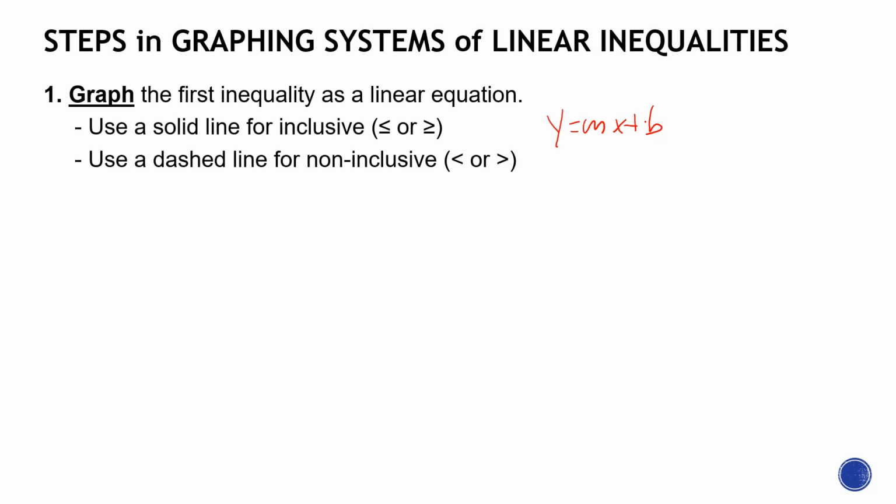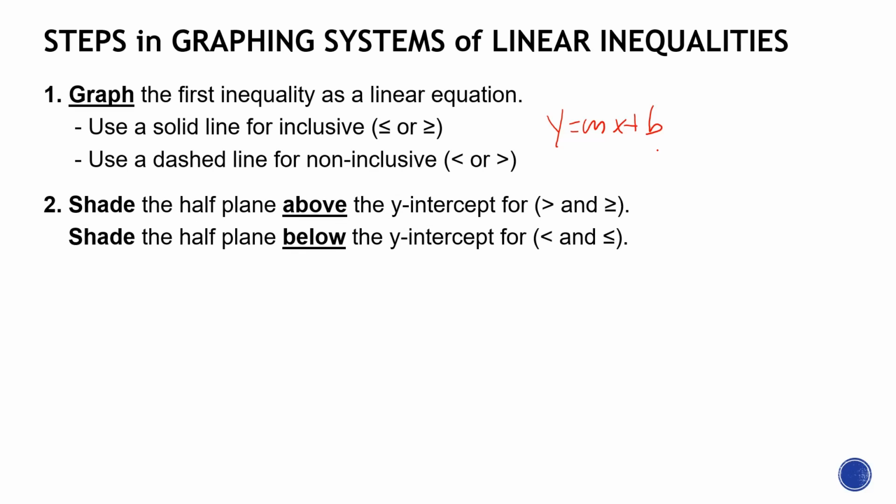And then we will use a solid line for inclusive, if you see an equal sign or the greater than or the less than symbol. And then we will use a dash line for the non-inclusive. Shade the half plane above the y-intercept for greater than, and shade the half plane below the y-intercept for less than. Okay?